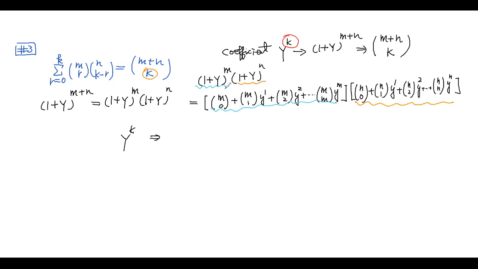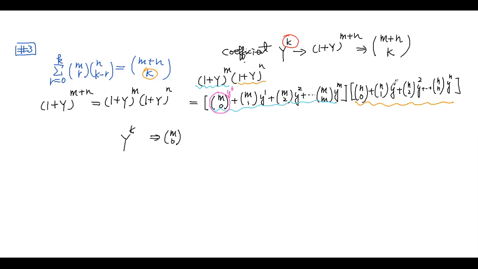So, okay, for these ones here, C(m, 0), this is y to the 0 power, right? Okay, so in order to get y to the k's power, when I FOIL this, what is the only one I can get? So this is C(m, 0), right?